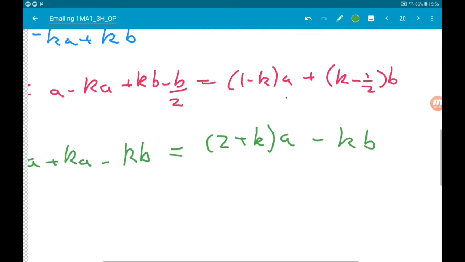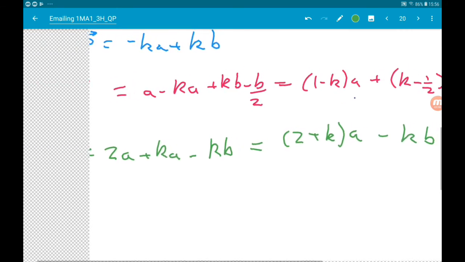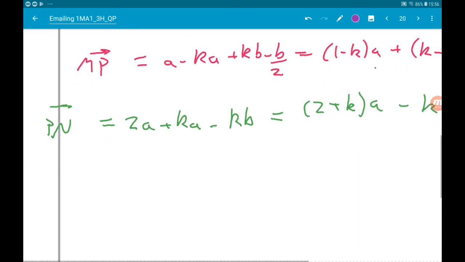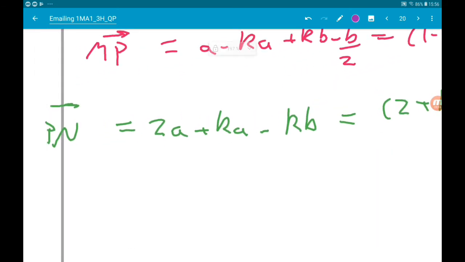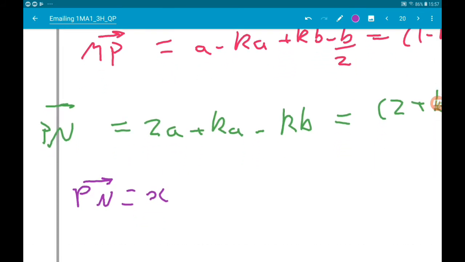So I'm going to say that p to n is x as our scale factor, if you like, times m to p.